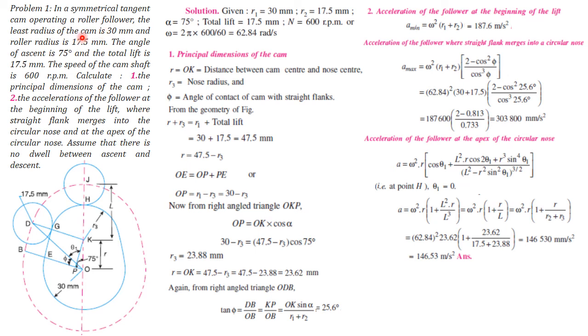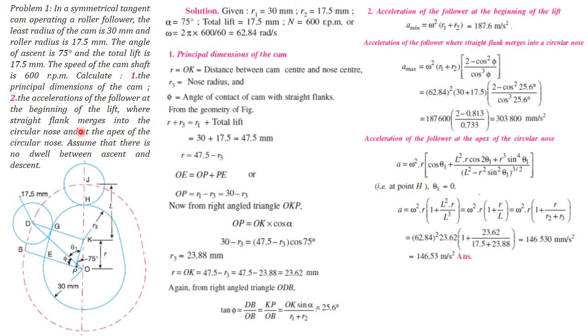Now least radius of cam is 30 mm, so definitely this 30 mm is nothing but the base circle radius of cam, and let us say this is R1. So R1 comes to us as 30, and the roller radius of follower is 17.5, so let us say R2 is equal to 17.5 mm.